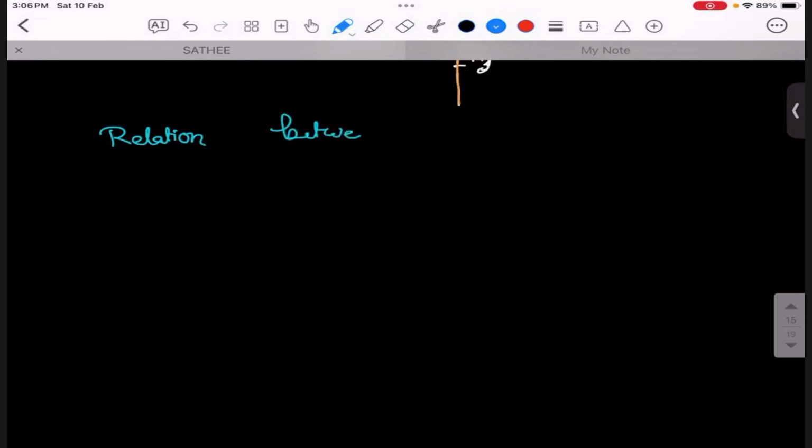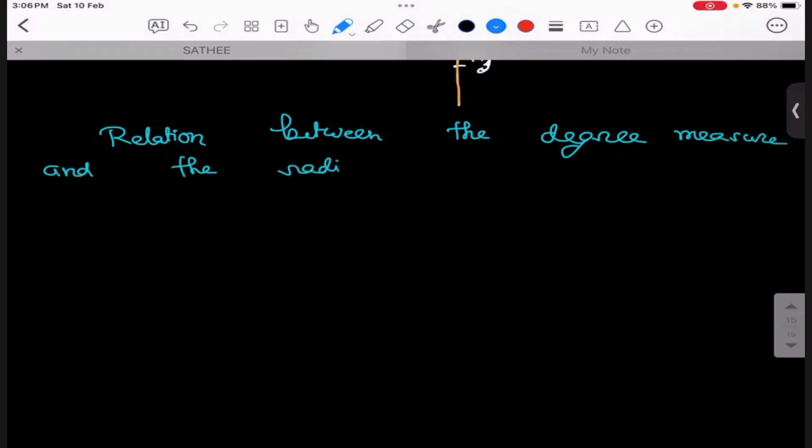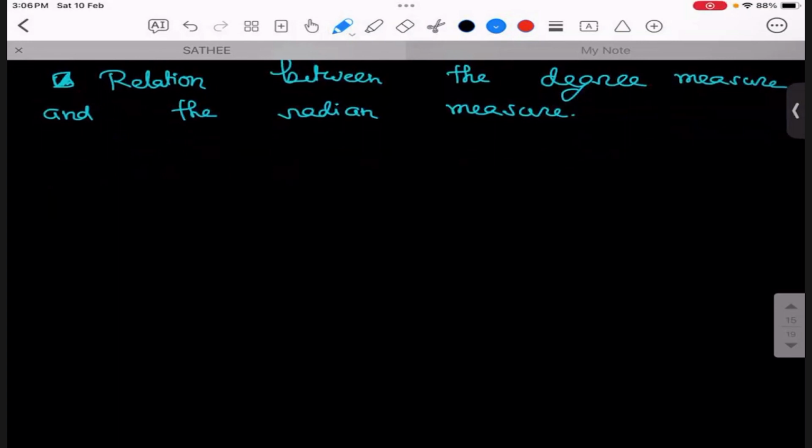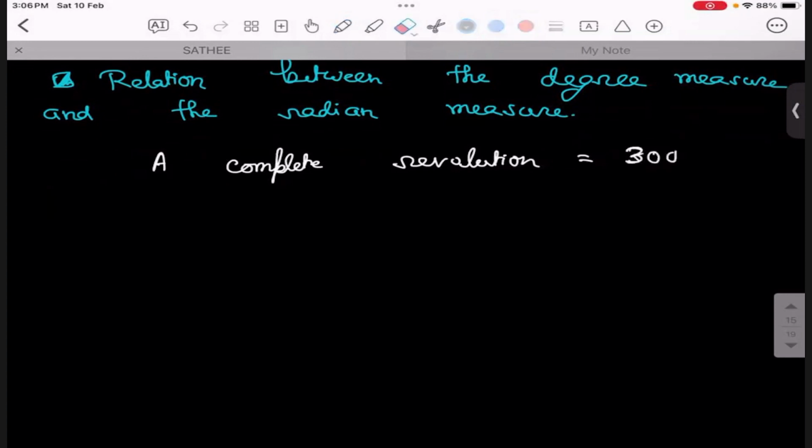Okay, so in the last class we discussed that a complete revolution is equal to 360 degree, and obviously this is equal to 2 pi radian.